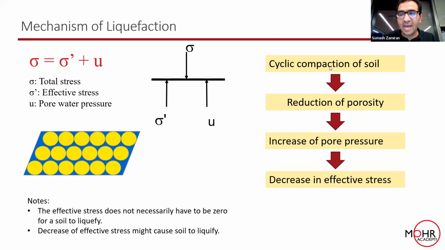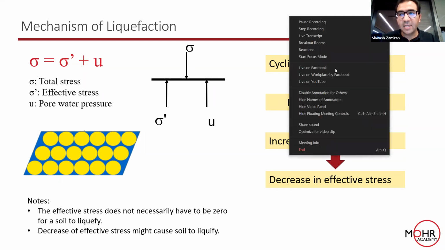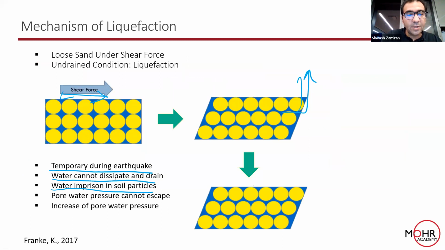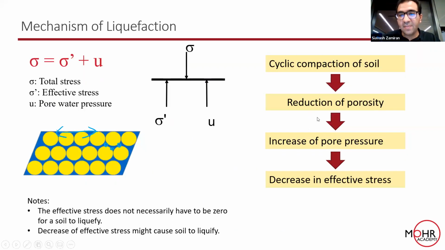The actual step that causes liquefaction is going to be the cyclic compaction of soil. We are applying a cyclic load on the soil, and that cyclic load causes the reduction of porosity, and then the reduction of porosity causes the imprisoning of the water inside the soil particles, and that causes the increase of pore water pressure, and then eventually, as we mentioned, this causes the decrease in the effective stress.